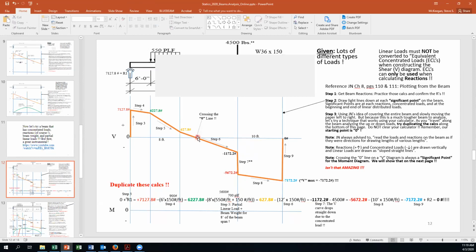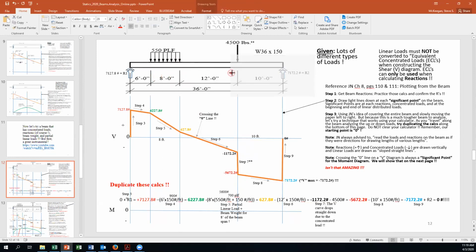So that gets us to here. For this 12 foot of span, how much am I dropping per foot? 150. So over that 12 foot span, it's dropping 150 pounds per foot.